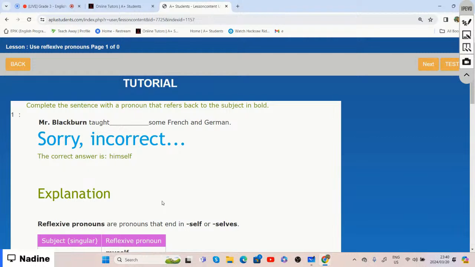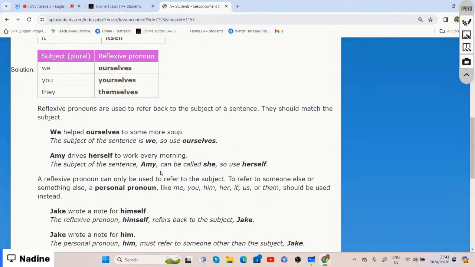All right, so now when we use reflexive pronouns, remember we said when we use a reflexive pronoun, it either ends in self or it ends in selves, right? And it needs to refer back to the subject in which you are talking about, right?